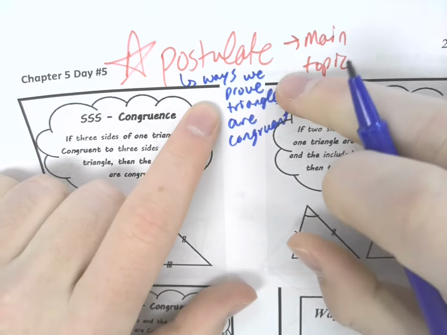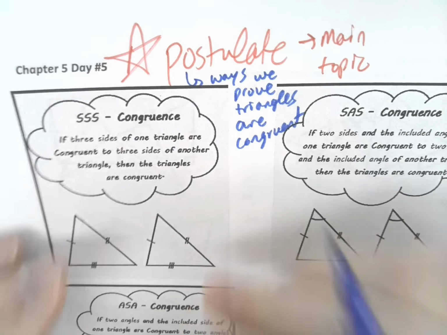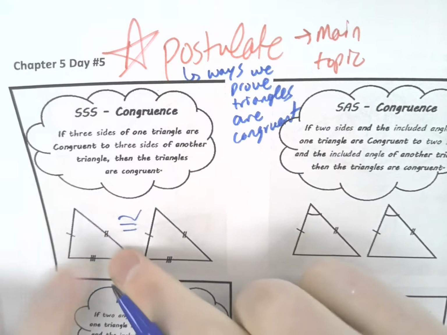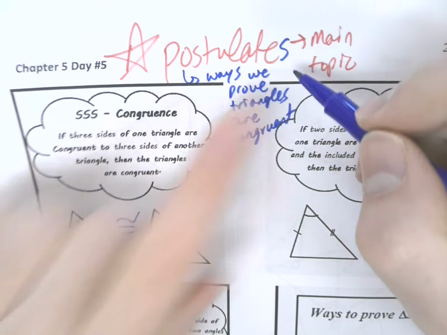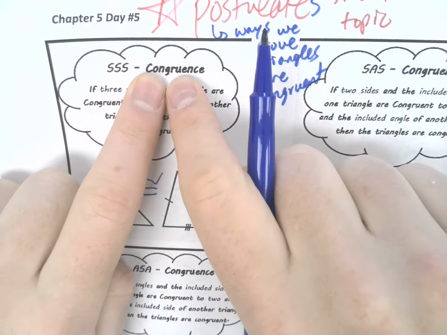If we're going to prove that this triangle and this triangle are the same, we have some postulates that we can use to prove it. For example, side, side, side congruency.